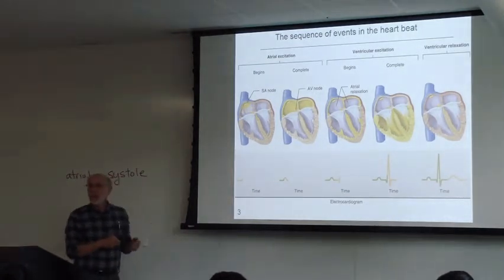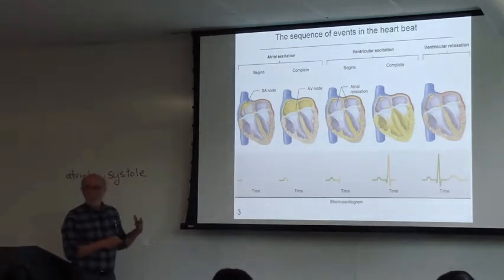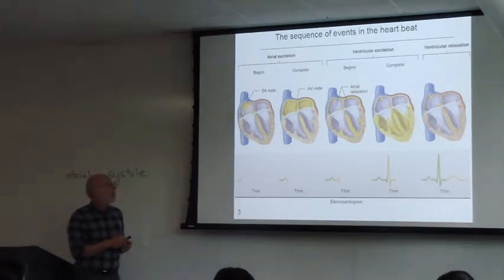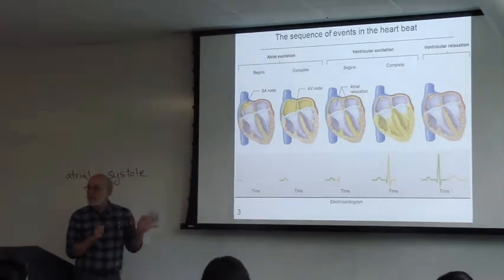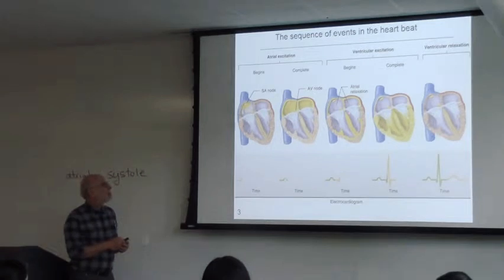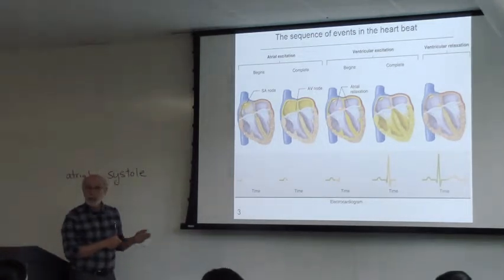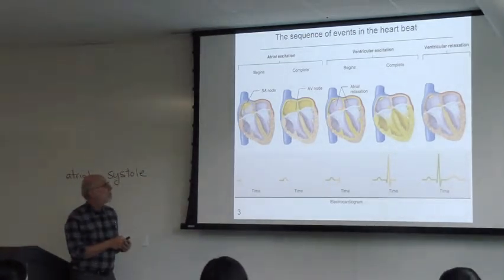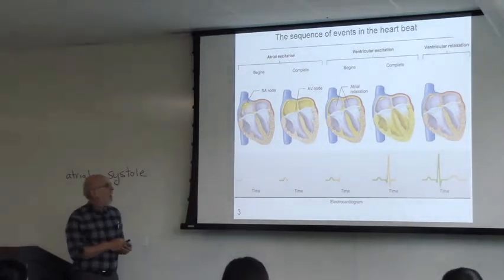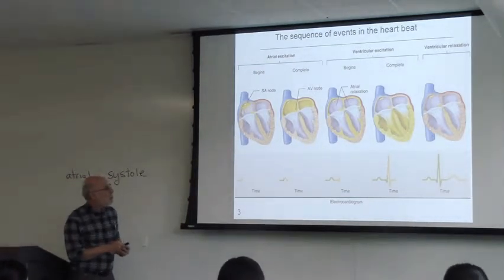So now we have to describe ventricular systole. Ventricular systole is happening while the atria are relaxing, but let's not worry about that. So in ventricular systole, the electrical activity spreads from the AV node into the interventricular septum, into the ventricular apex.